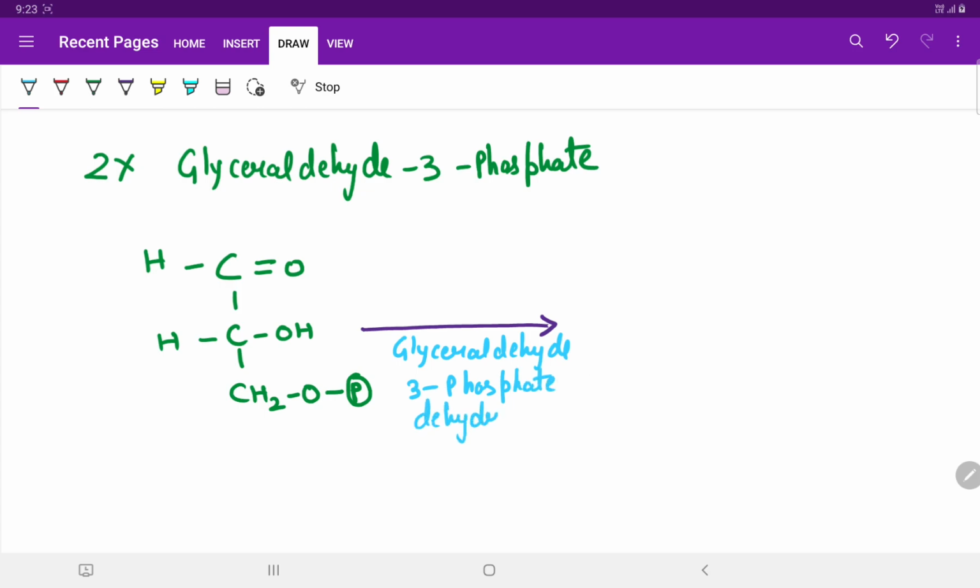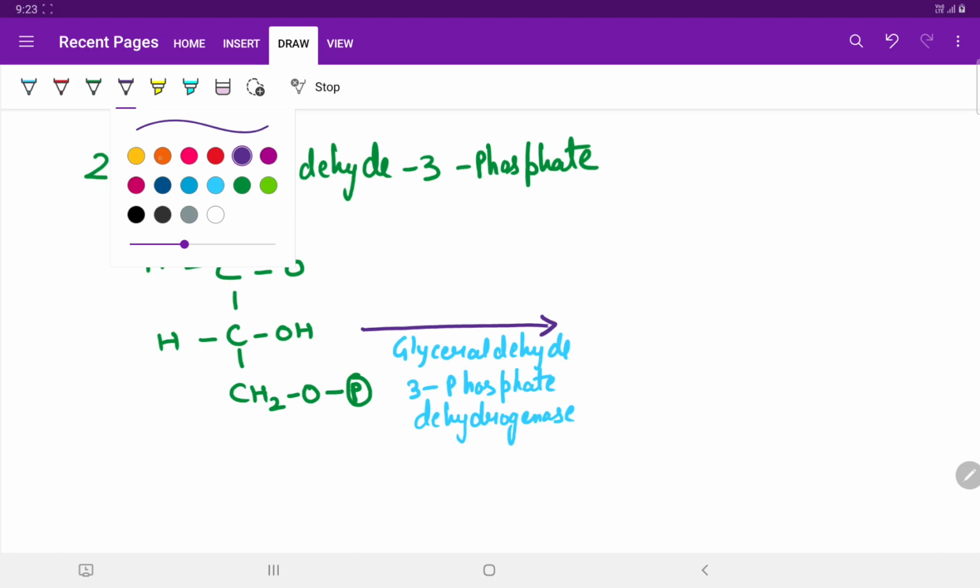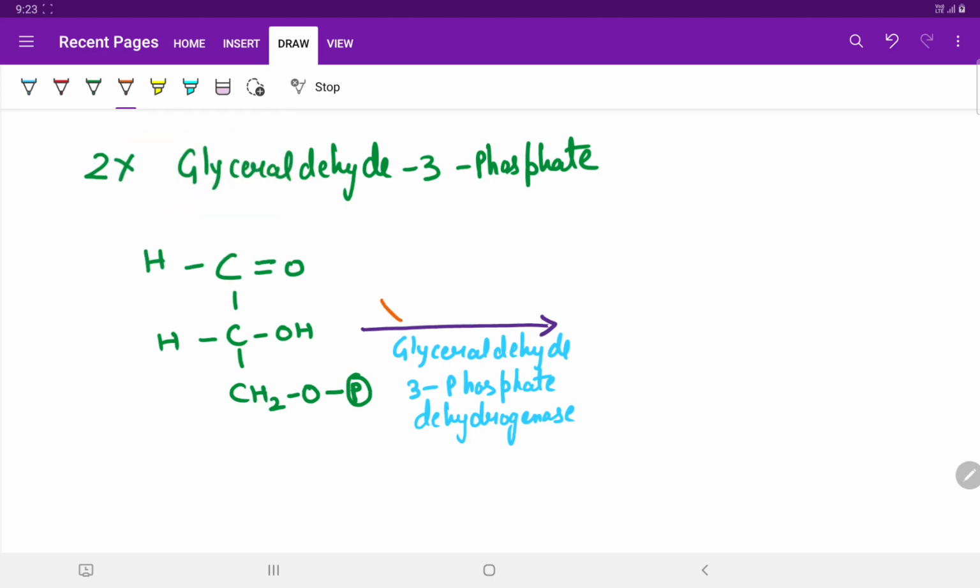During this conversion NAD is converted into NADH. Where the changes occur, there is attachment of a phosphate group on the first carbon atom. We shall be highlighting this as follows.